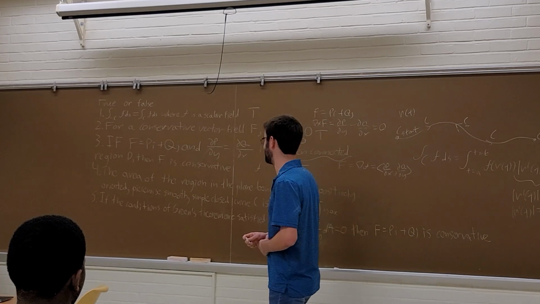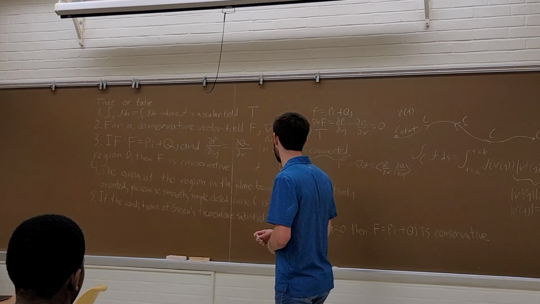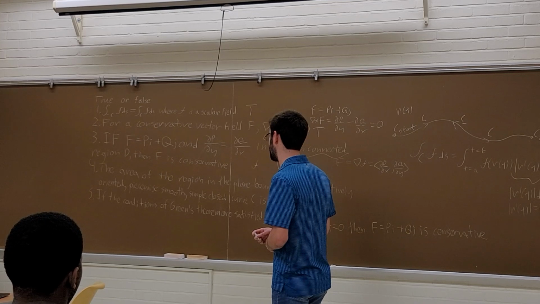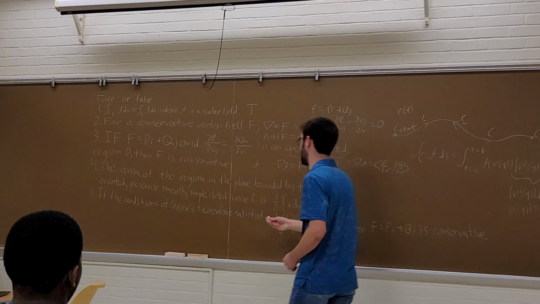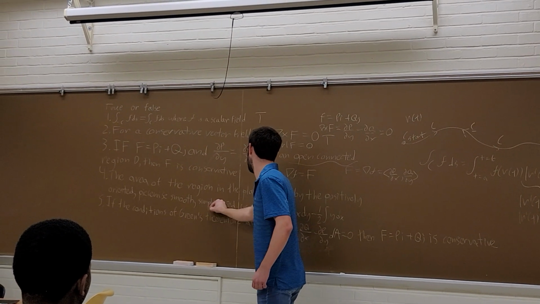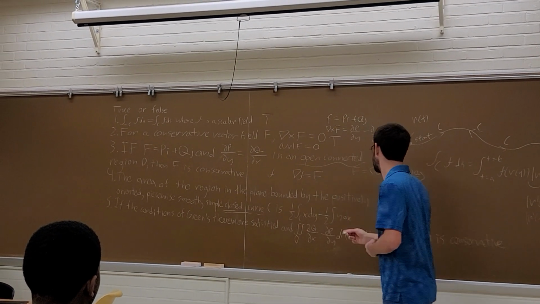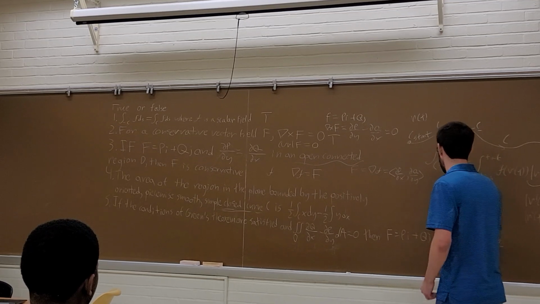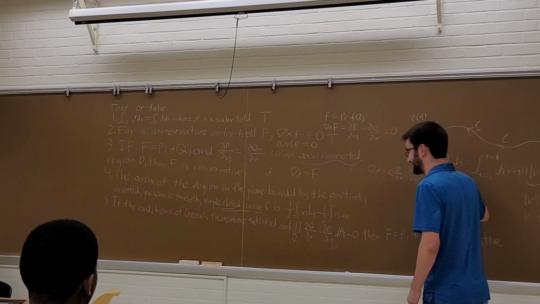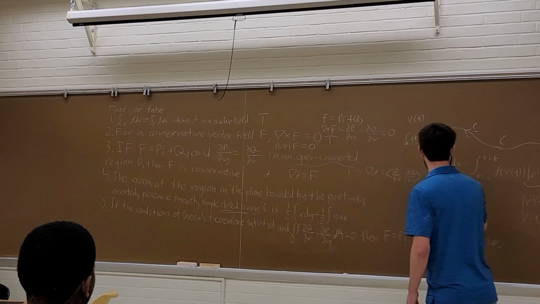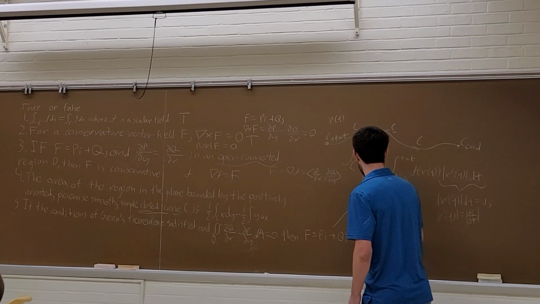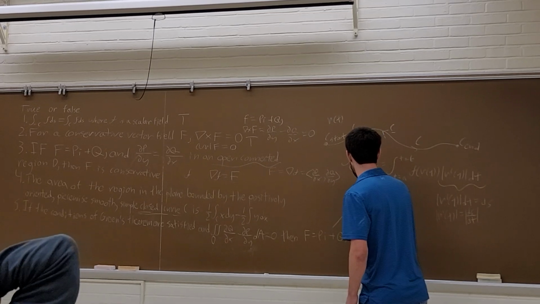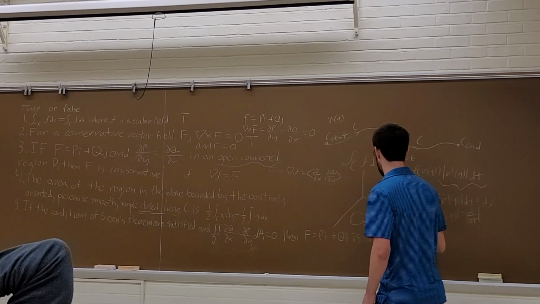This one is a bit interesting. The area of the region in the plane bounded by a closed curve C is equal to that. This is the important part, a closed curve C. So, let's suppose that we have this closed curve C. Let's just suppose it's oriented this way, just for sake of explanation.